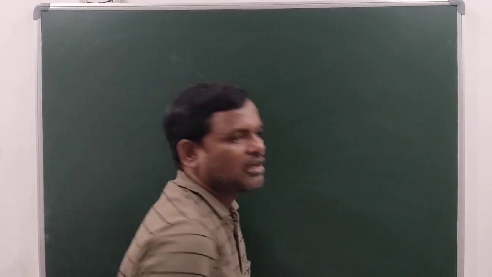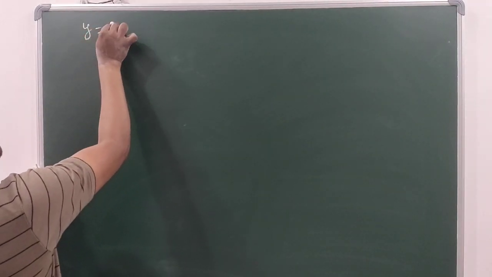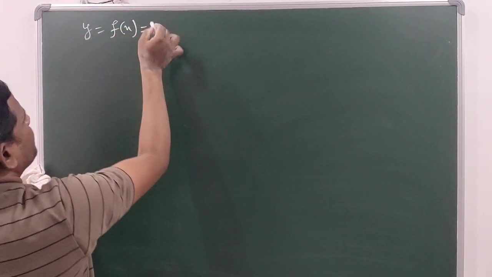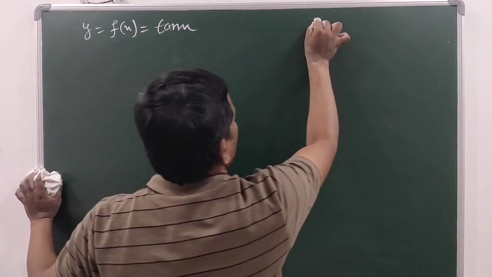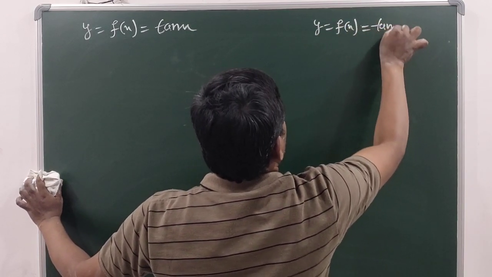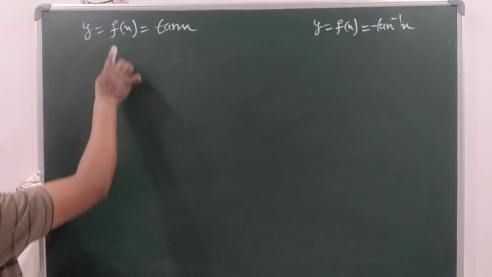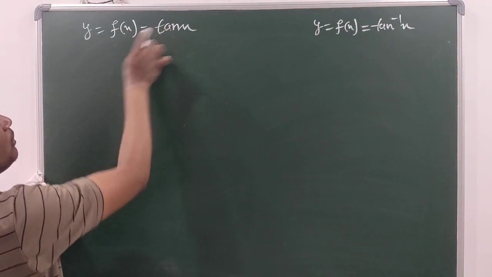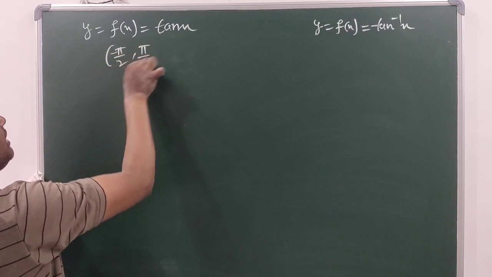Right students, now let us observe y equal to f of x equal to tan x and also y equal to f of x equal to tan inverse of x. Now tell me students, what is the principal domain of tan x? Open interval of minus 90 to plus 90.